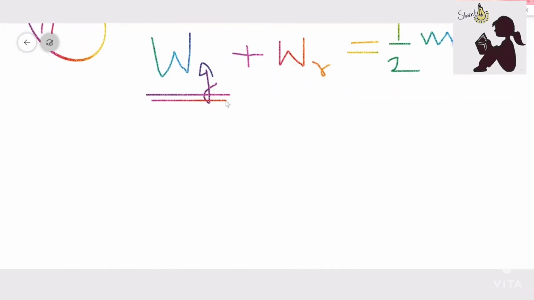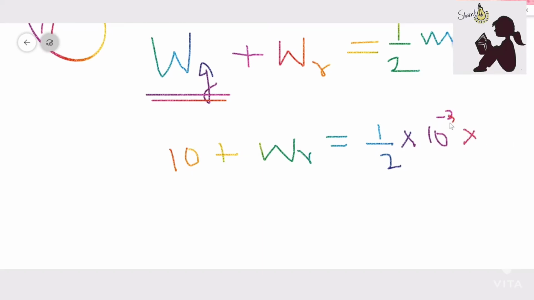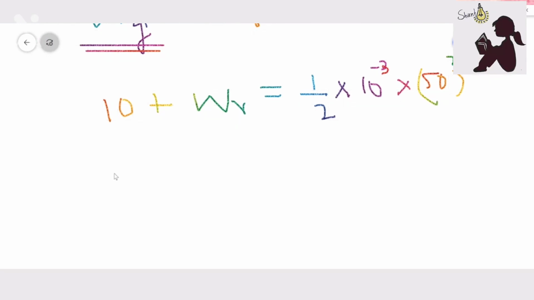Now this Wg, the value is 10, plus Wr, that is work done by the resistive force, is equal to half into 10 to the power minus 3 into v square, so into 50 square. So that gives the value Wr equals minus 8.75 joule.